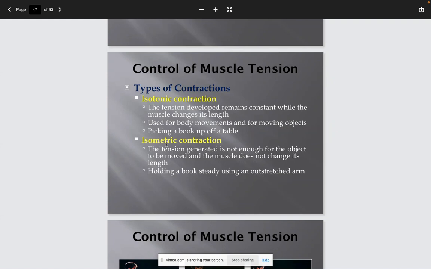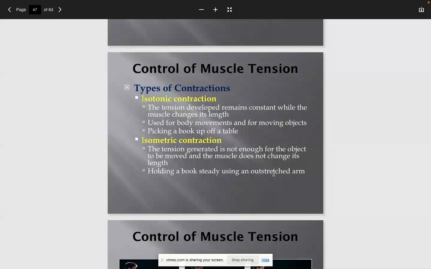So during isometric contractions, the tension generated is not enough for the object to be moved, so the muscle does not change in length. This is holding a book steady using an outstretched arm. So if you stretch out your arm, this is an isometric contraction, right? There is no change in length of the muscle, but during an isotonic contraction, there is constant tension changing the length of the muscle.